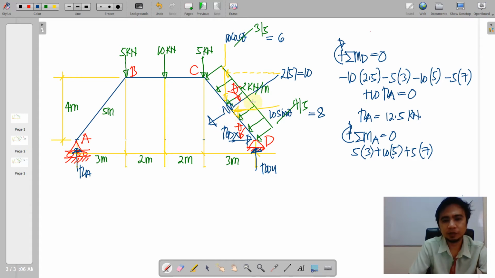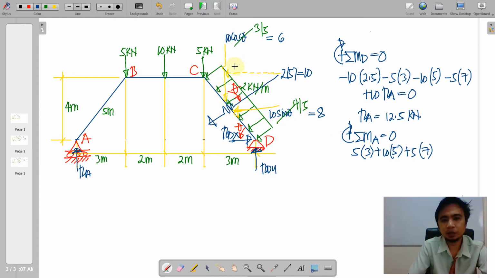It is not feasible this time to use this perpendicular force along CD because it's pretty obvious that we cannot determine the perpendicular distance of this force from A. So much better we are going to use this one.